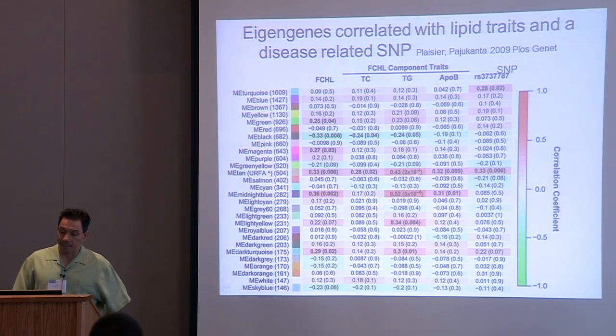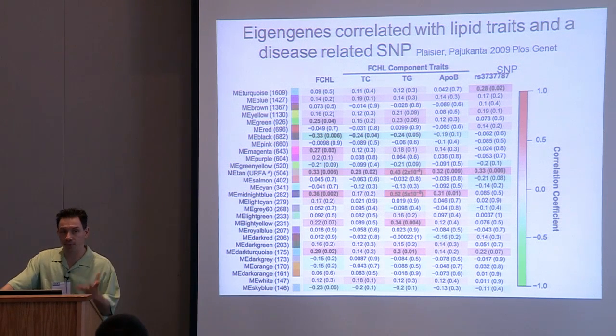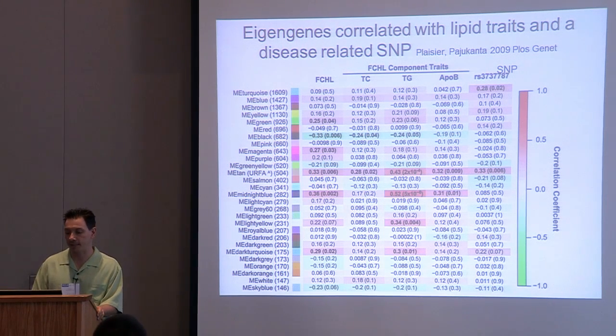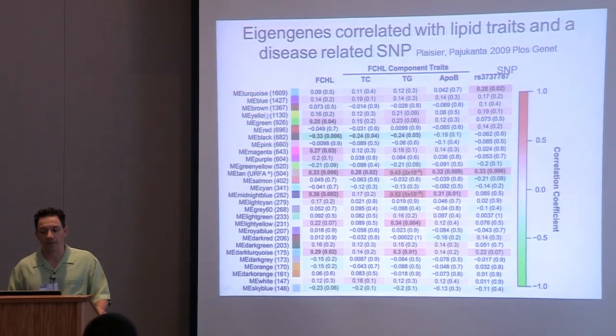But then look at the p-values, 10 to the minus 4, and so on. If you have the mindset of a gene-based analysis where you correct for 50,000 comparisons, these p-values are not great at all. However, look at the correlation coefficients.